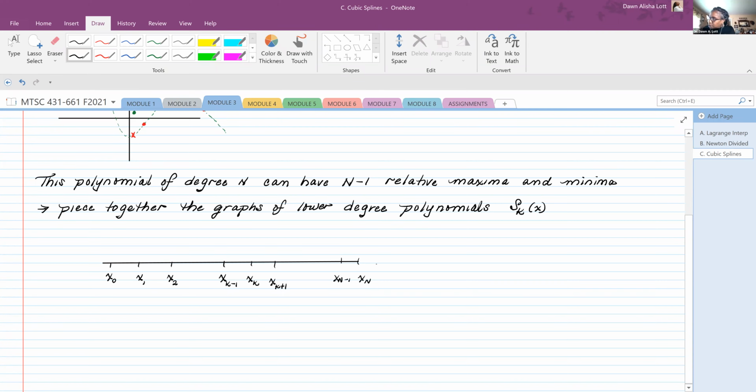So if I create polynomials over just smaller regions, maybe I have something that looks like this for that piece. And then maybe this comes out and goes there, but now I have another polynomial that's just over that piece.